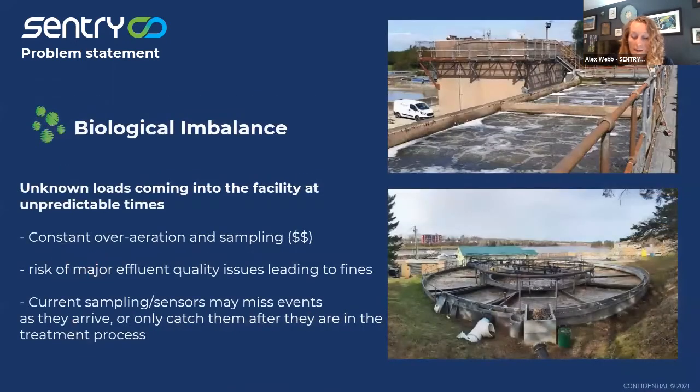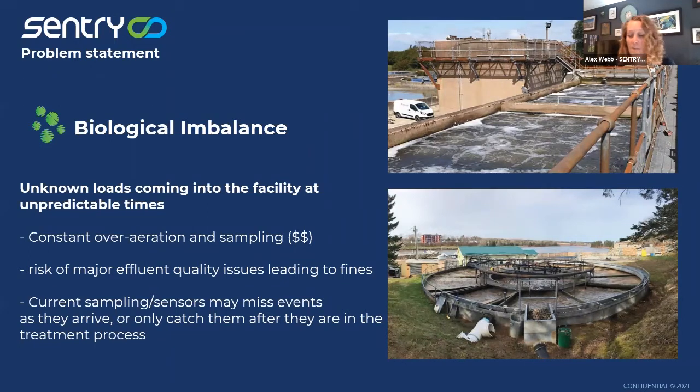So today, our webinar is focused on those biological influent events, which are difficult to predict and often even difficult to detect. This can include large slugs of BOD or toxic compounds, which limit the biological treatment capacity.